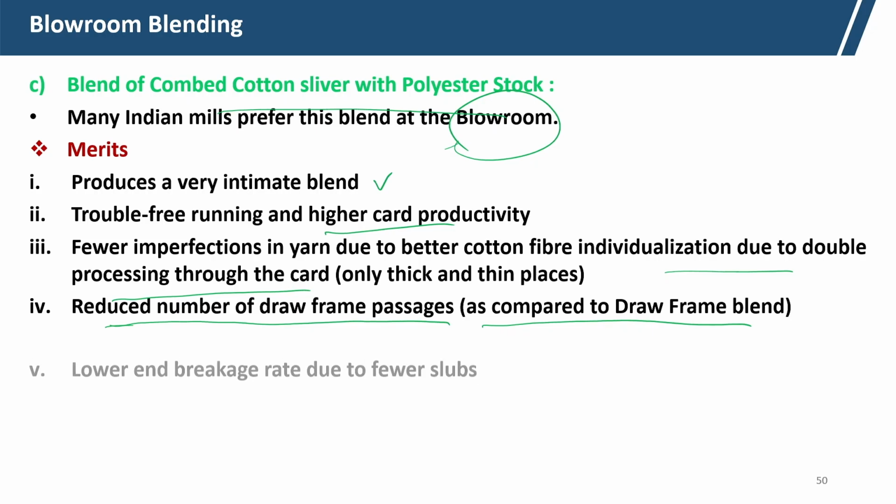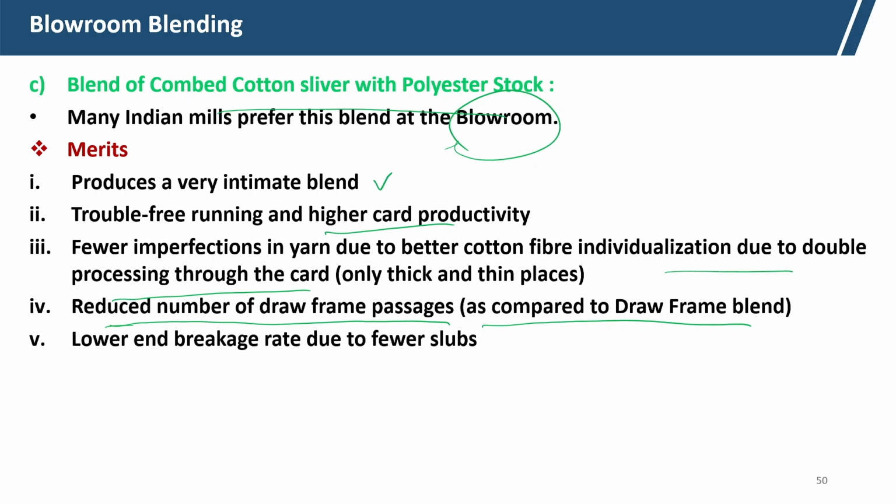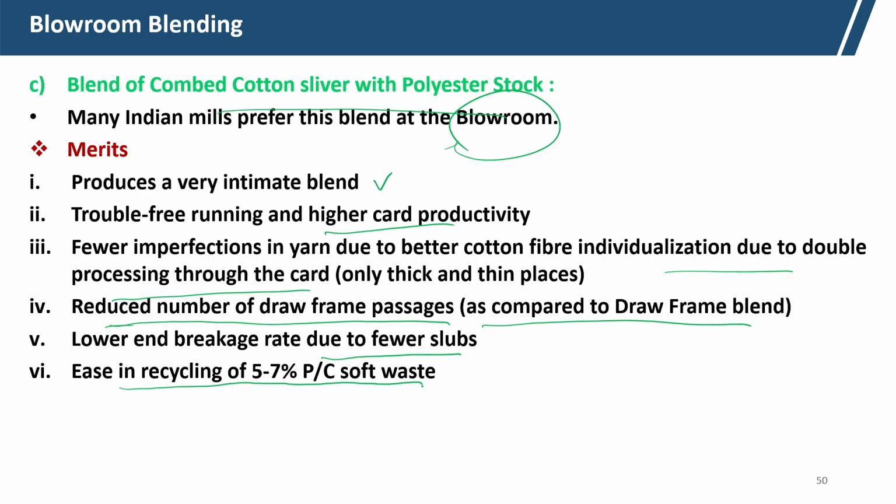Okay. Lower end breakage due to fewer slabs, because we have already double carding. So, fibers are intimately opened. So, slabs will be less. Ease of recycling, 5 to 7% poly soft waste can be recycled.